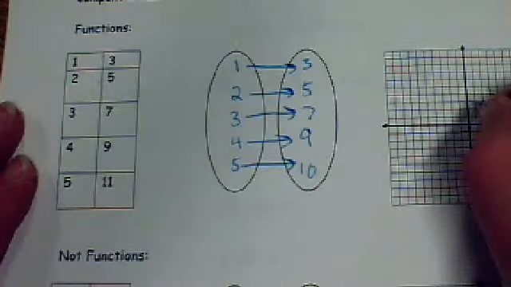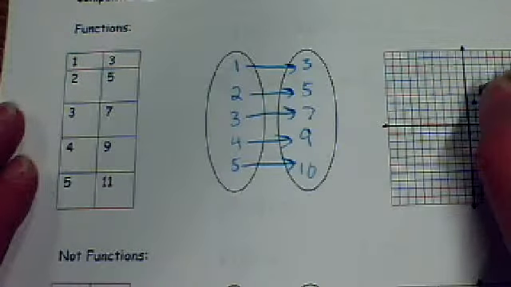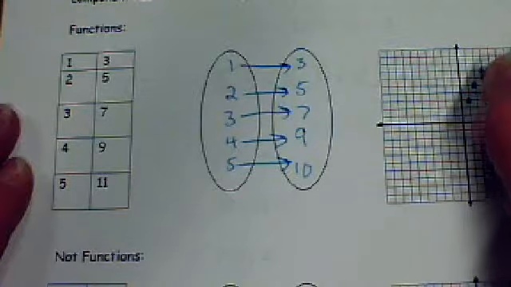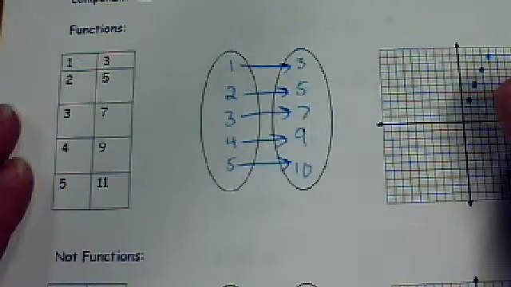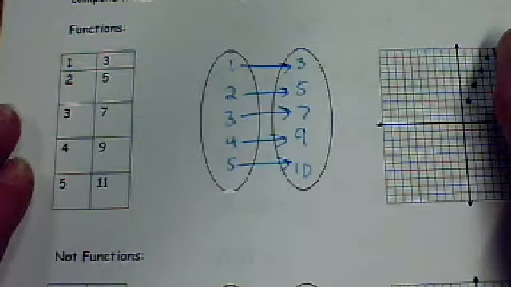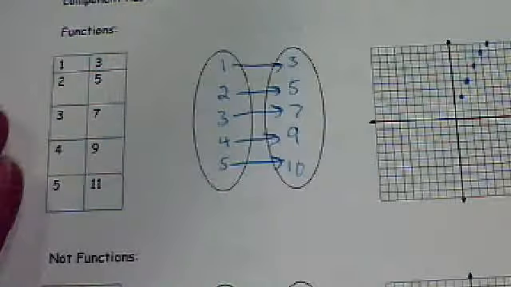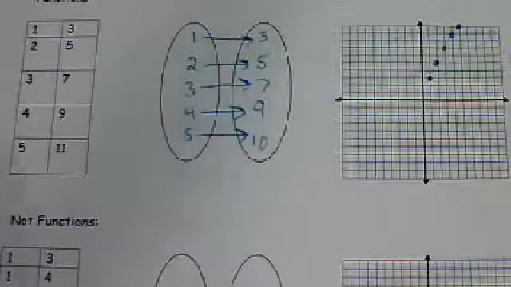On the graph, you'd have something like that. All of them are separated.